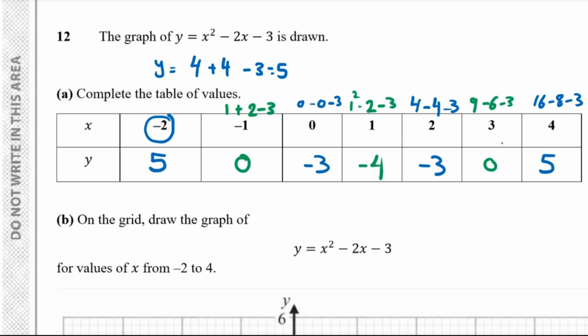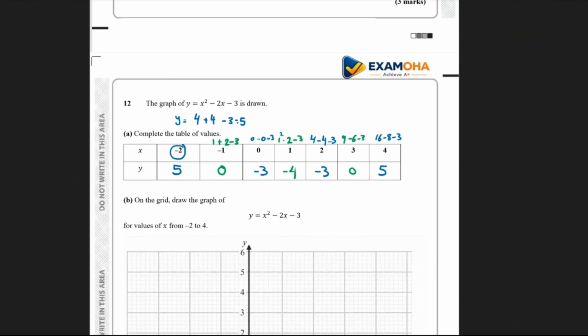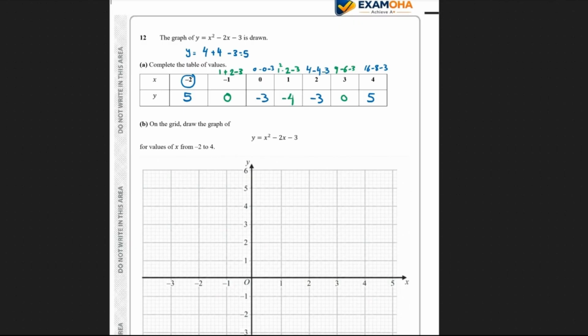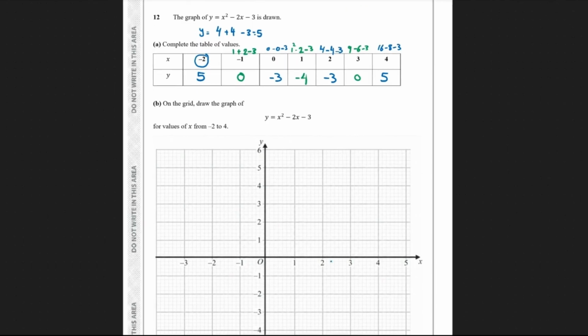So we need to plot this into the graph here at x minus 2, and y equal 5. So that means this point here. And then at x minus 1 here and y is 0. That means the other point here.